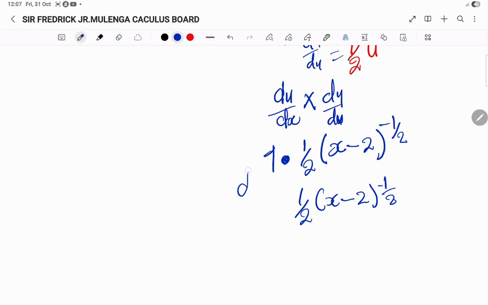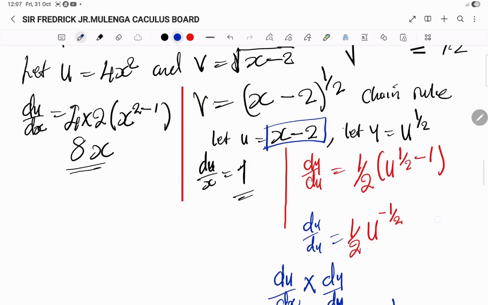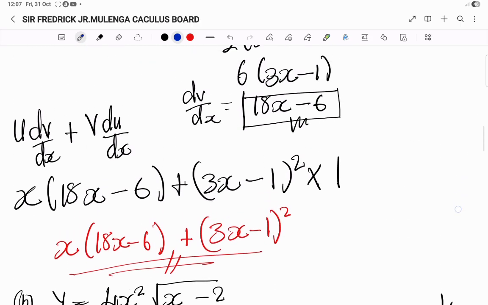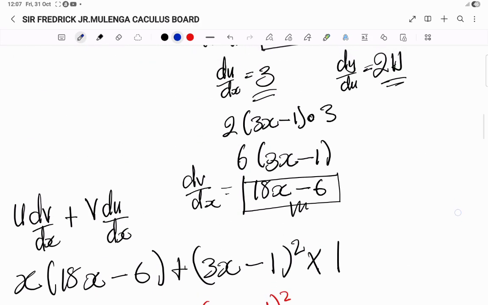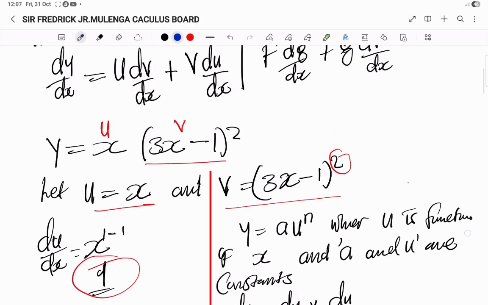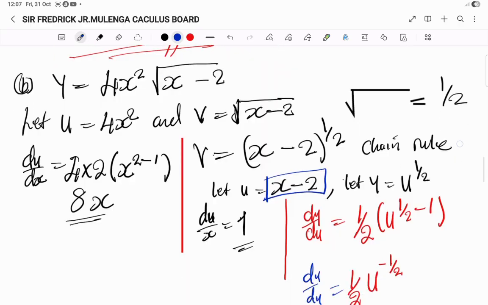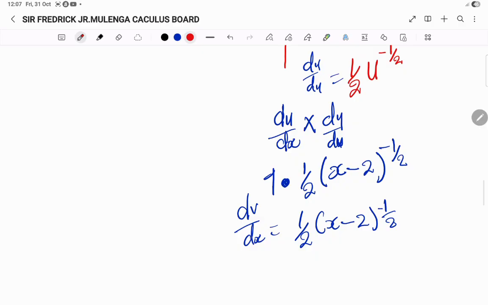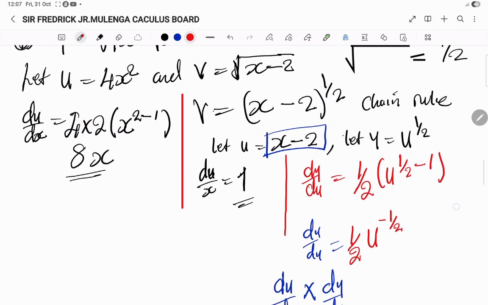Now this is my dv dx. Remember, product rule. So that's our product, and I'll keep my dv dx. All right, so now we are good. I'll lift this and put it in the equation.